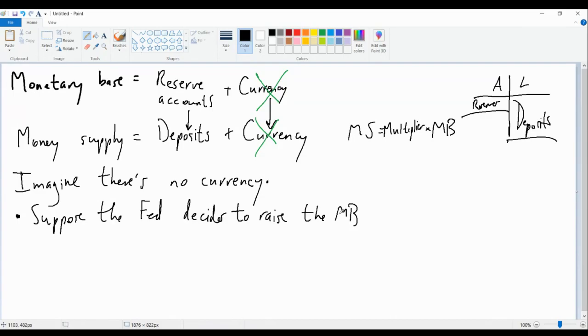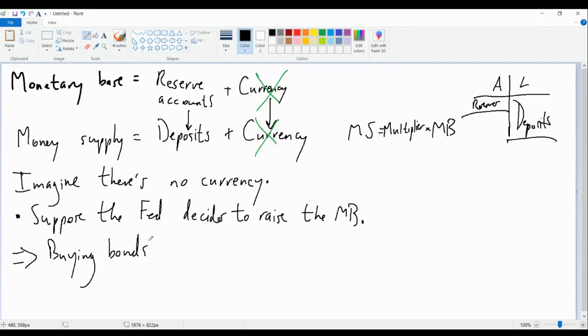Remember, the monetary base is what the Fed uses to pay for stuff. Sometimes it's referred to as M0, actually. So it's what the Fed uses to pay for stuff. And so if the Fed wants to raise the monetary base, it has to pay for something. In other words, it has to buy something. So the way the Fed raises the monetary base is by buying bonds.